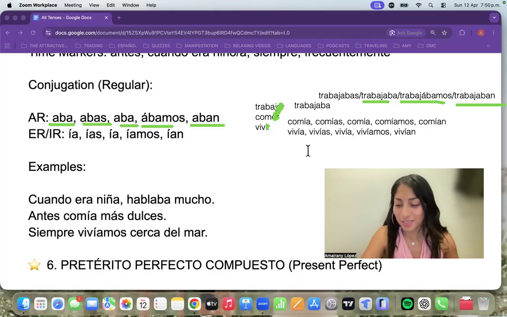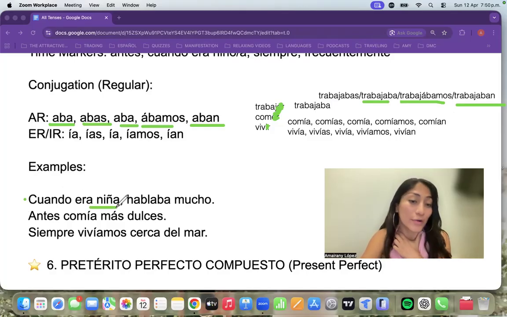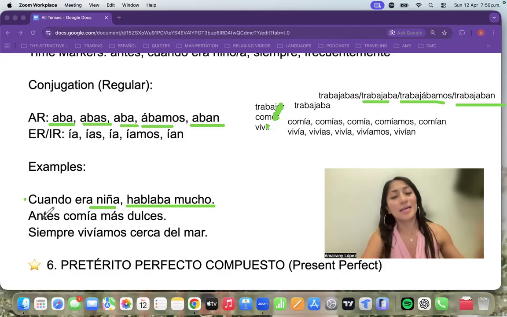Okay, so this is how we're gonna use it. We're gonna use it for all those things that happen at a certain point in our lives, right? So, for example, when I was a child, when I was a kid, when I was like a little girl, I used to speak a lot. Hablaba mucho.